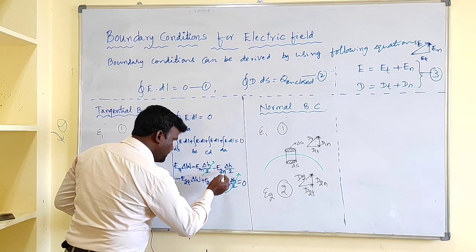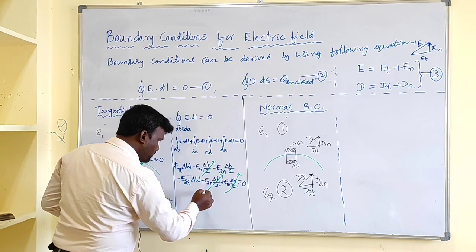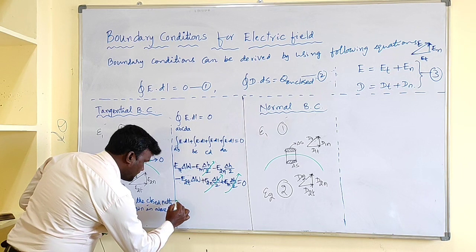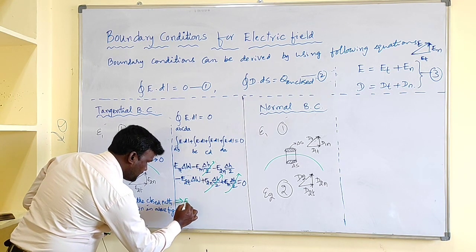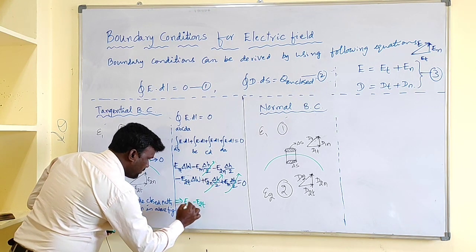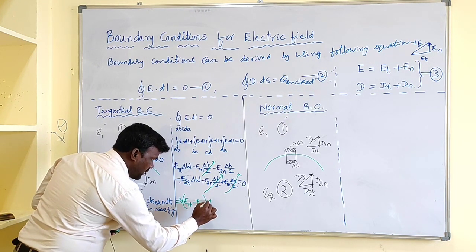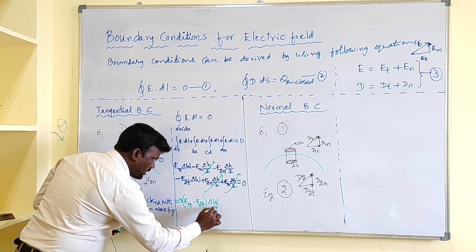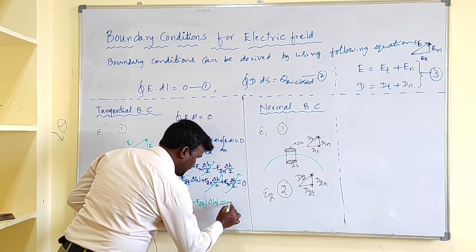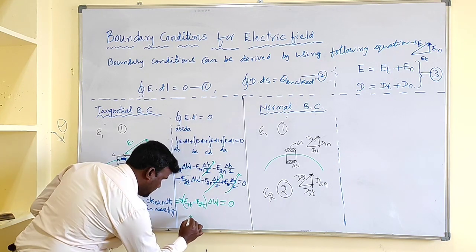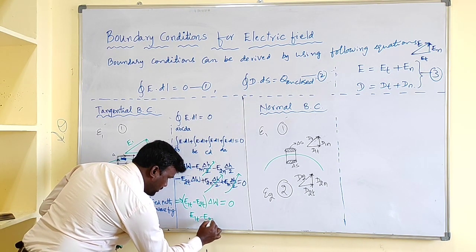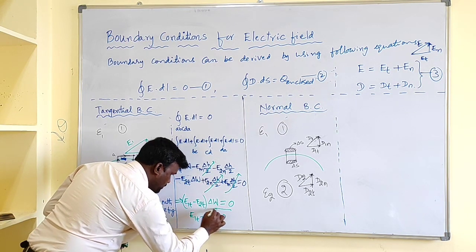Similarly, minus E2n delta h by 2 plus E2n delta h by 2 is cancelled out. Remaining terms are nothing but E1t minus E2t into delta W equal to 0. That is E1t minus E2t equal to 0.